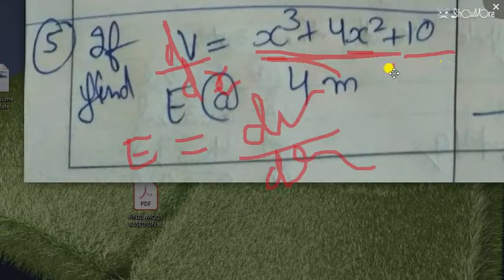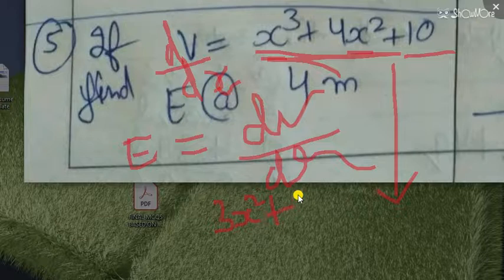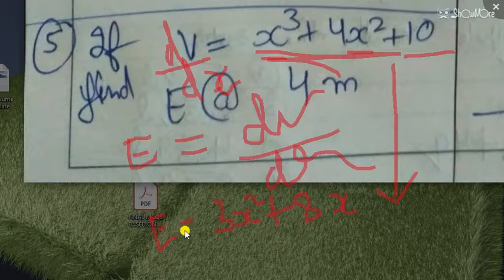So you have to differentiate it. After differentiation x cube will become 3x square, plus 4 into 2 is the 8x. Then differentiation of constant is 0. So you are left with E equal to this one, by putting the value of 4 at x.